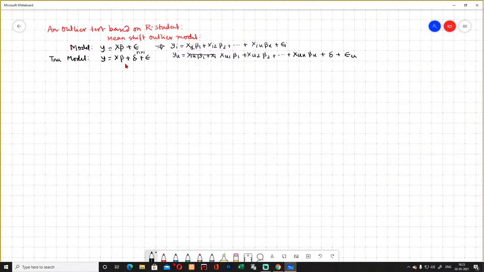So in matrix notation, we write the true model as this.